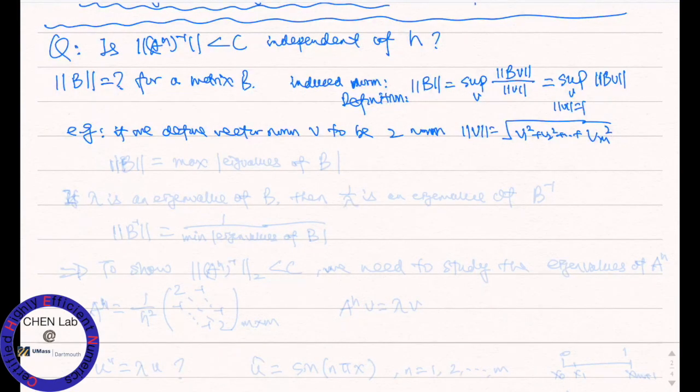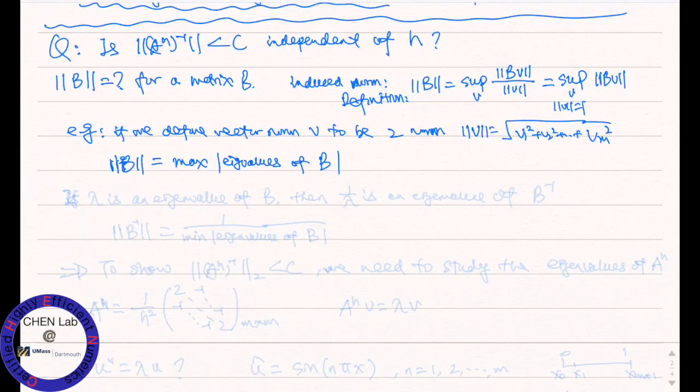For this particular case, the matrix norm turns out to be the maximum absolute value of the eigenvalues of B. Of course, now we'll talk about the inverse.